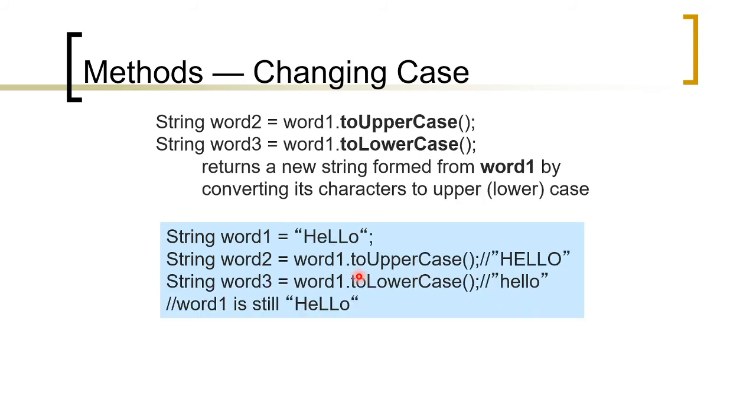And then changing case, you just need to use toUpperCase if you want to convert the entire string literal to uppercase, and toLowerCase if you want to convert the entire string literal to lowercase. In this case, word 2 and word 3 will be changed, however word 1 will still be the same.